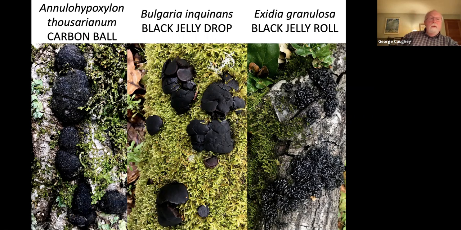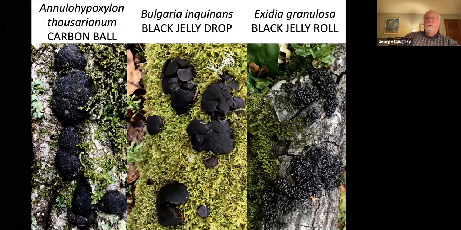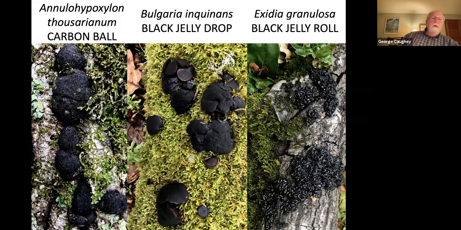The interesting story here is that this organism apparently infects the tree when it's very young, but it doesn't fruit, and it can be there inside the tree for decades, many decades. It doesn't fruit until the tree dies. There's some other mushrooms like this. It's not known if it plays a role in death, but we're seeing an awful lot of this in trees killed by sudden oak death.